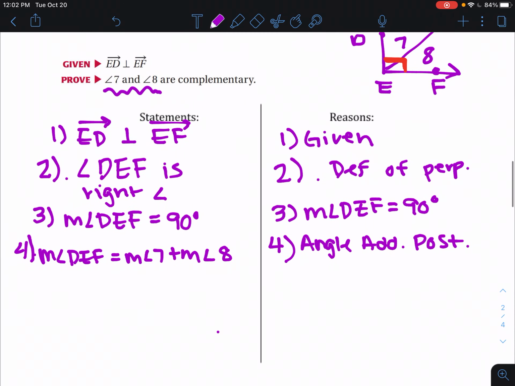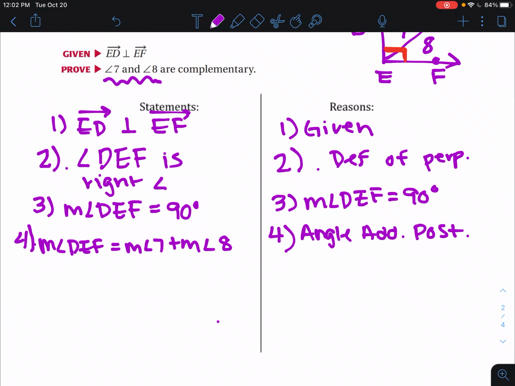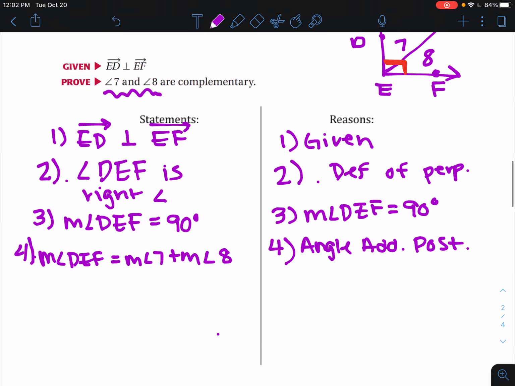All right, so we've gotten that from the angle addition postulate. And I want to say that 7 and 8 are complementary. That's the goal. So I want to know that 7 and 8 together are complementary, meaning they add up to 90. Well, what's the measure of angle DEF? It's 90. Do you guys see what we can do here?